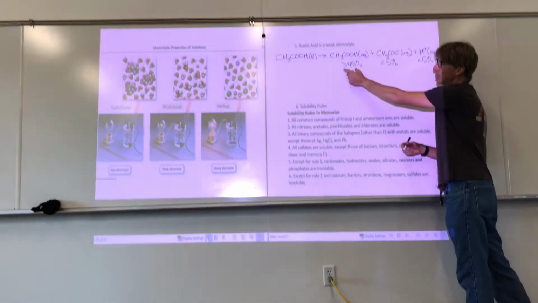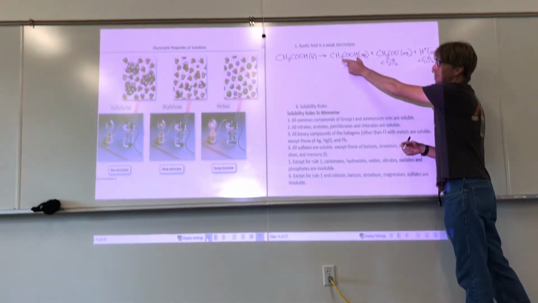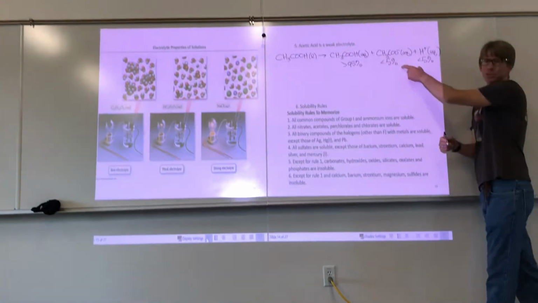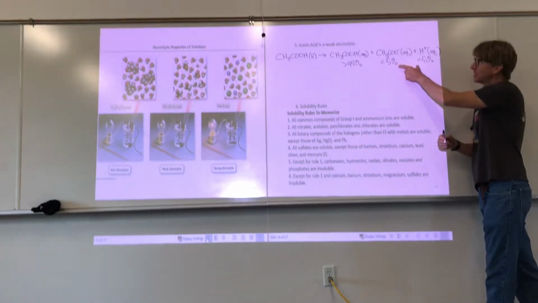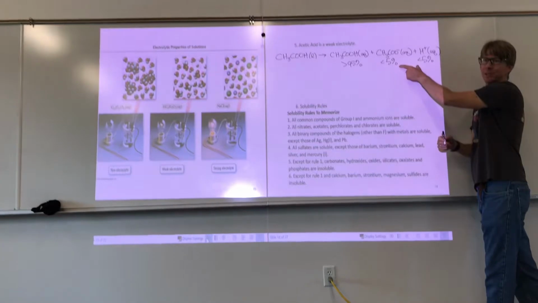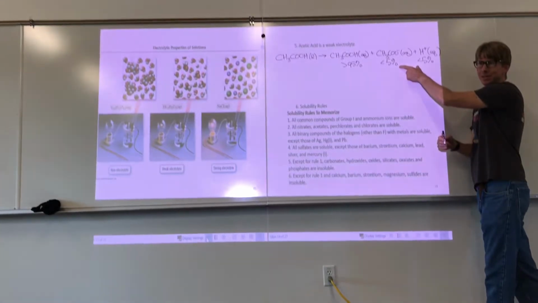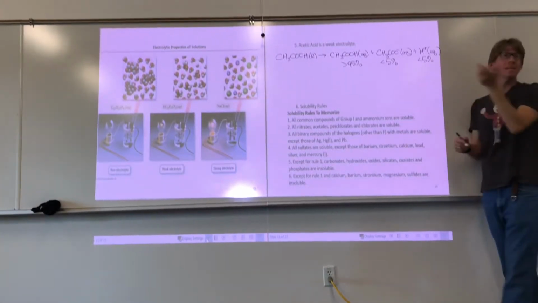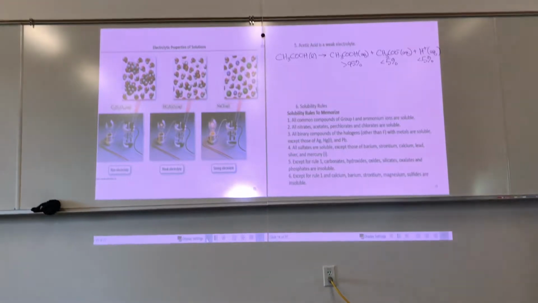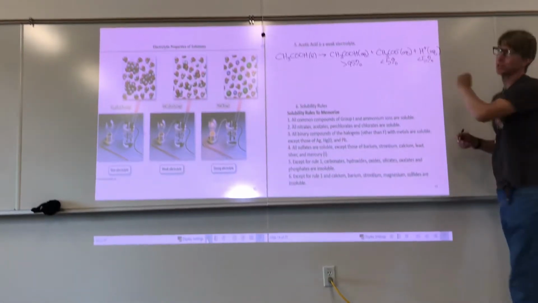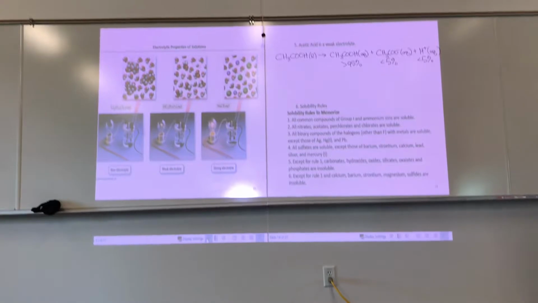But when the other 5% of this breaks up, it breaks up into 2 parts. So this is the total of the other 5% or less than 5% here. And this deals with the fact that on homework 2, moles and molecules are not conserved. We can have more parts on the product side than we start with, because molecules break down, or in this case, dissolve and form ions.